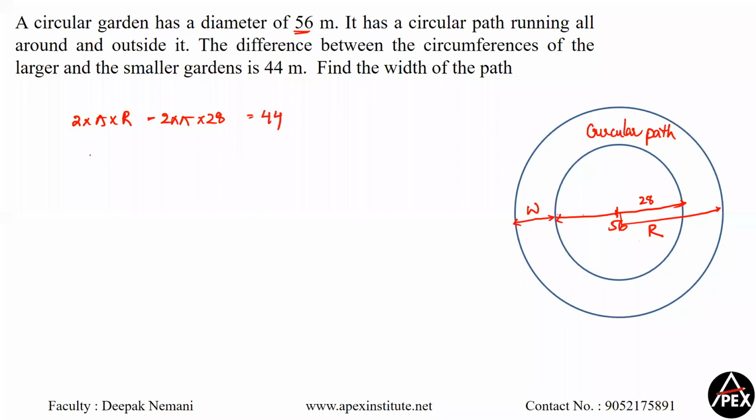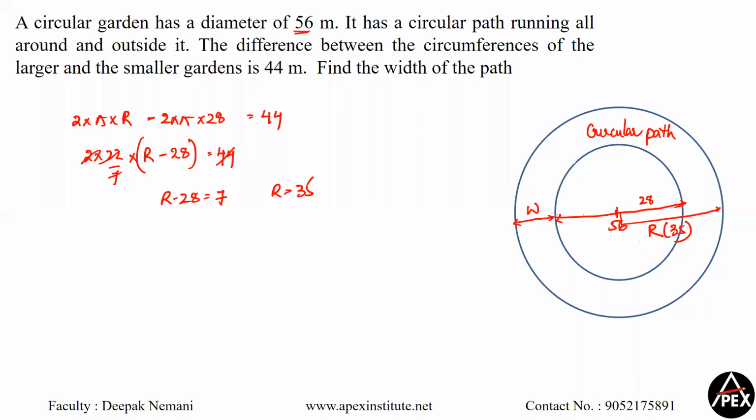So 2 into 22 by 7, if I take this common, R minus 28 is equal to 44 by 44, or R minus 28 is equal to 7, or R is equal to 35. So this value is equal to 35.